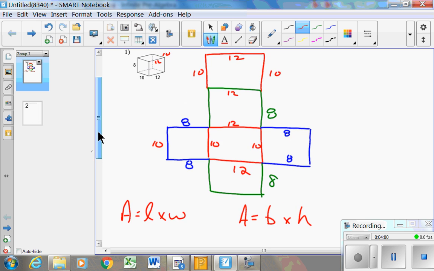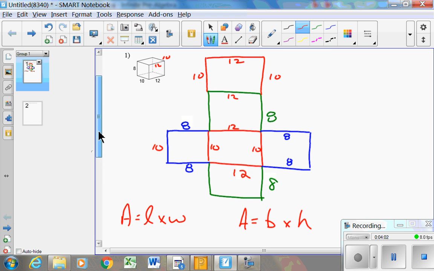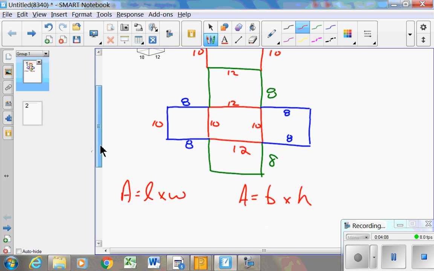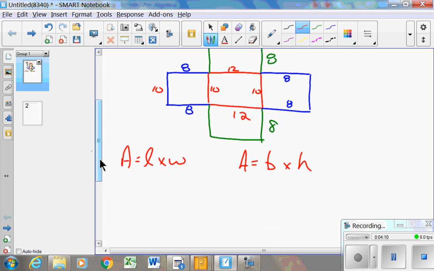I'm talking pretty quick here, so you'll have a chance later on to push pause or replay this to follow along. My length times width are my areas, and my bottom was 12 by 10. If I use a calculator to find 12 by 10, that is going to be 120. My top is 12 by 10, so that is also 120.